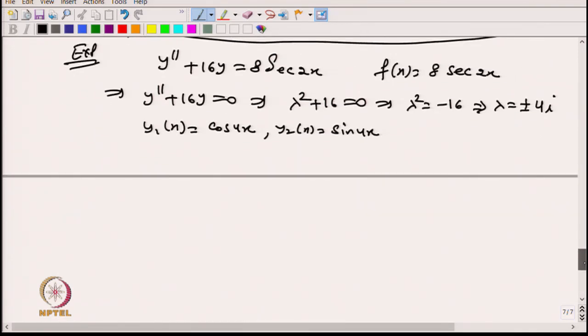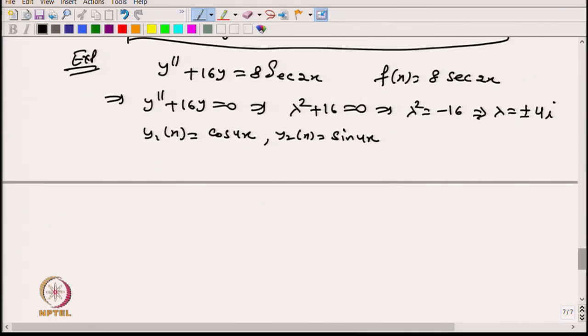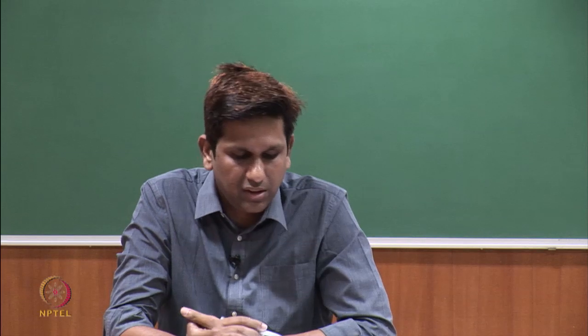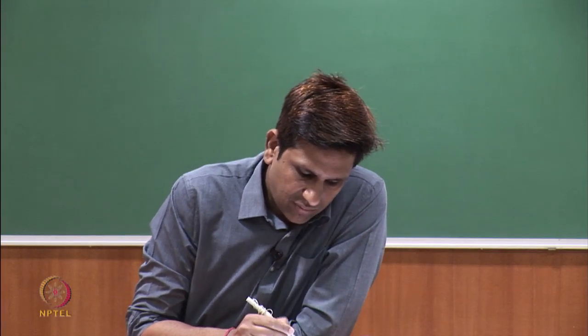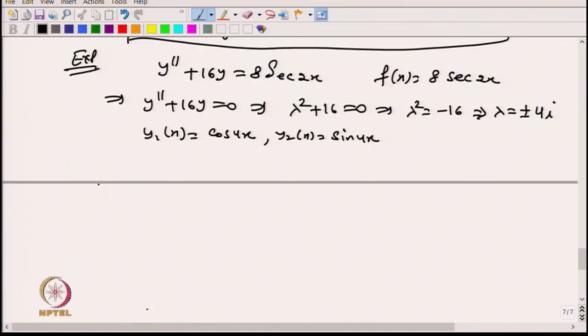That was the initial condition to start with the method of variation of parameters: we should know the two solutions y1(x) and y2(x), and they should be linearly independent. So, they are linearly independent. Now, let my particular solution yp(x) be c1(x) y1(x) plus c2(x) y2(x).